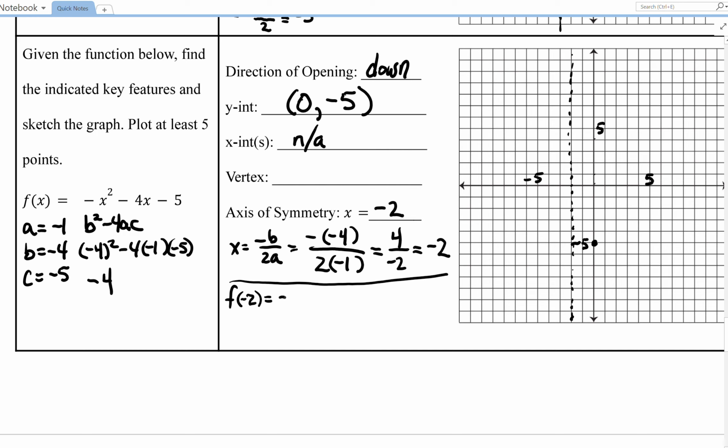So I go to my equation, minus, there's my x squared, I put -2 in there, minus 4 times x, which is -2, and then -5. And you could just plug that in your calculator.